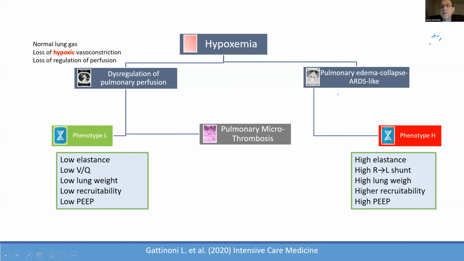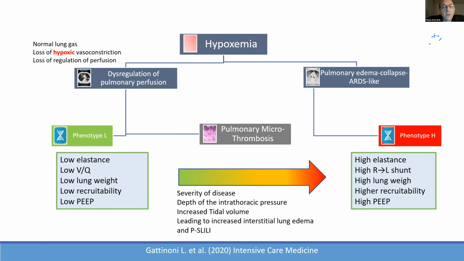On the other hand, we have patients with pulmonary edema, collapse, ARDS-like. And we call them phenotype H, which is the opposite of everything. They have high elastance, low compliance, high right to left shunt, high lung weight, higher recruitability, and they require higher PEEP.